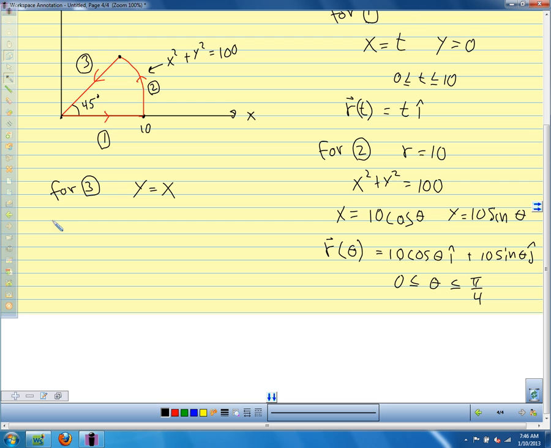So as t increases, we want our coordinates to get smaller. Well, first off, what point are we starting at here? What would be the rectangular coordinates at this point? 5 square root 2, 5 square root 2.